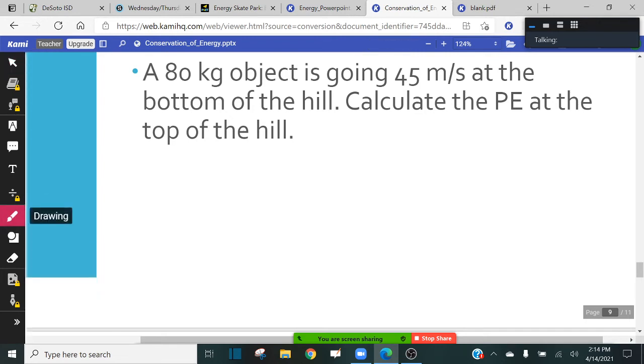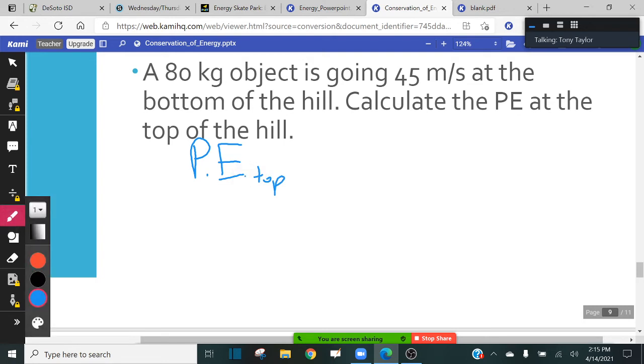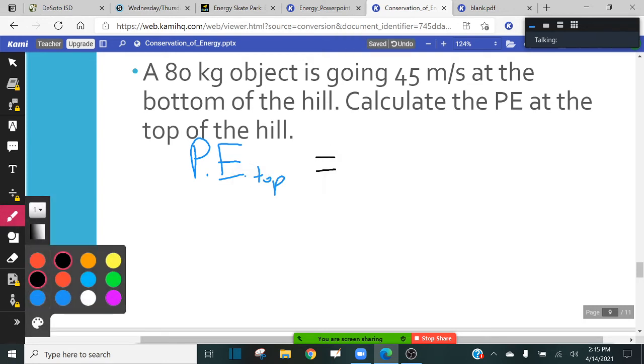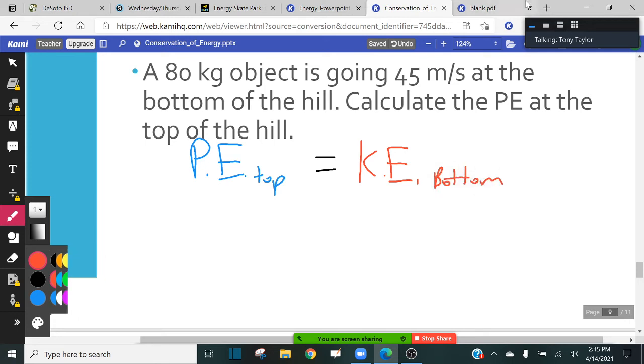Okay, so let's write down our principle here. Potential energy at the very top is going to equal kinetic energy at the very bottom. Now, they don't give us a height here, so they don't give us enough information to calculate potential energy directly.